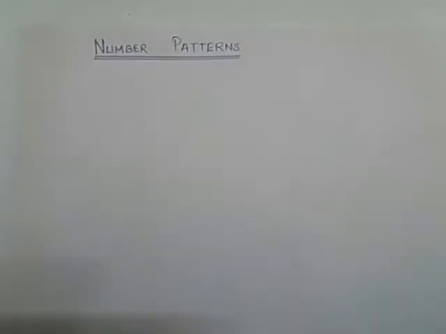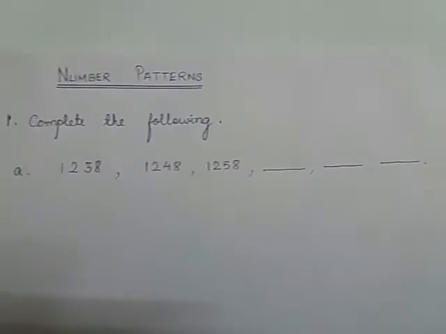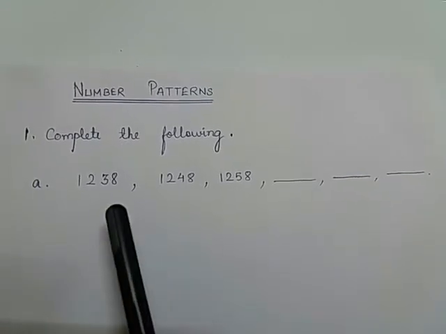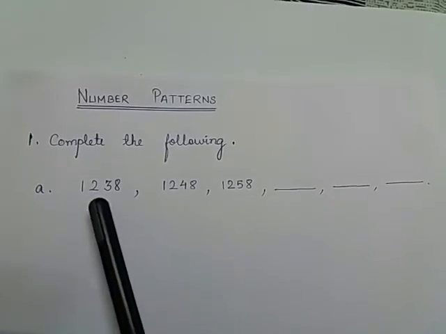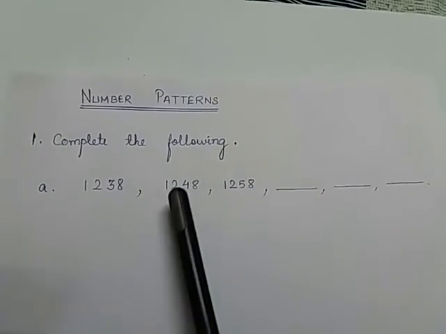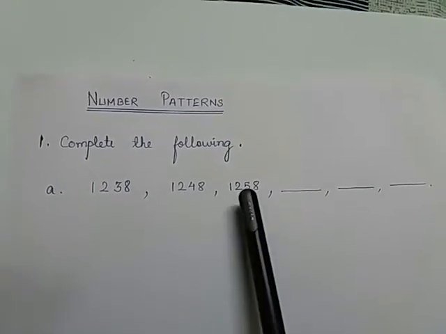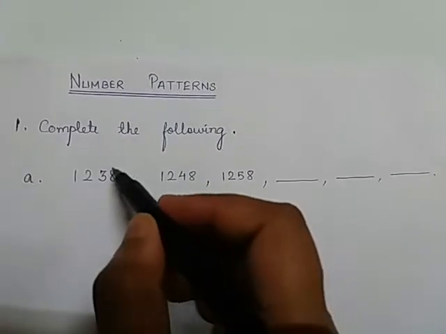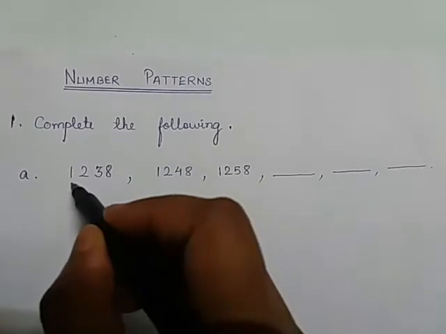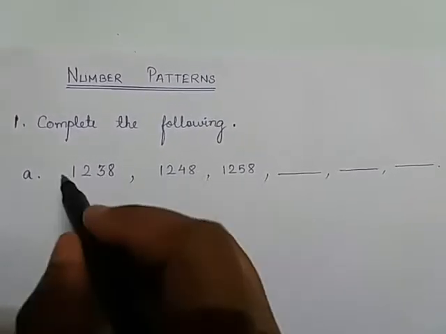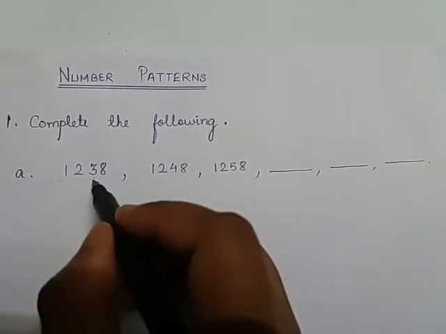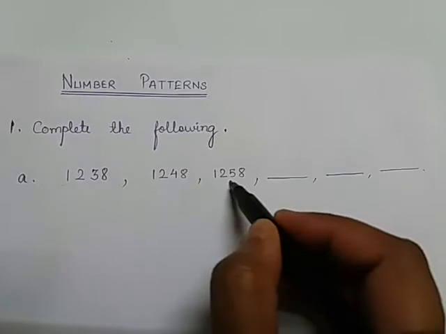Let's try to solve some questions from the topic number patterns. Here we have to complete the following row. This is 1238, 1248, 1258. If we see closely, at every step the 1000 place and the 100 place are the same. The only change is at the tens place.